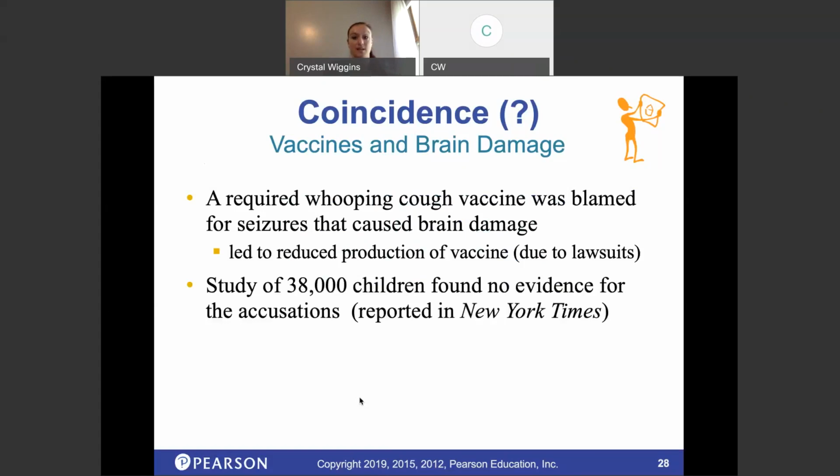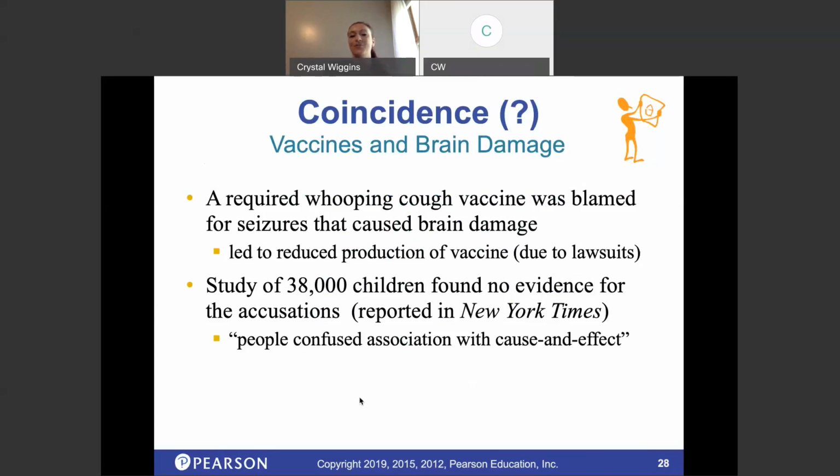A study was done because as statisticians and scientists, we are required to find hardcore data to back up these accusations and these lawsuits. So they took 38,000 children and found no evidence of a link between the vaccine and these seizures. People confuse the association with cause and effect. Even though there was a strong correlation, every single child was required to get this vaccine, but not every single child got seizures.